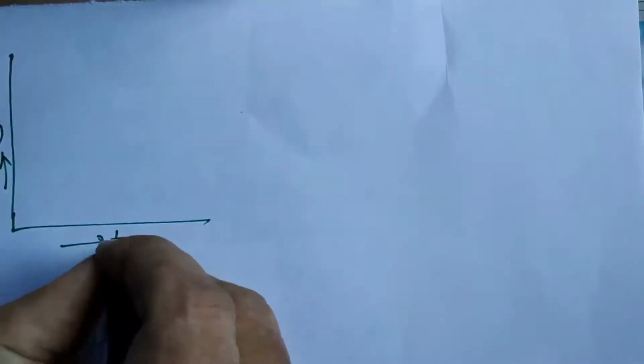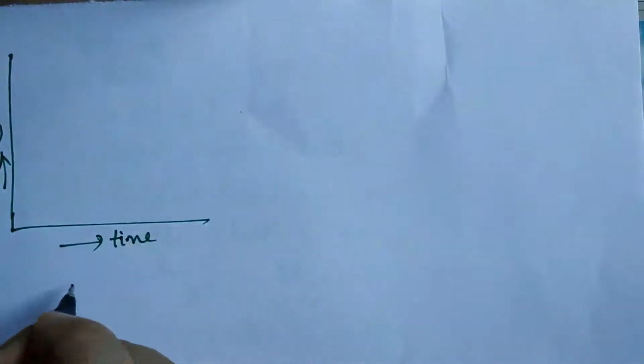So we will draw graph for the first order reactions. First graph is ln R, the concentration, versus time t.